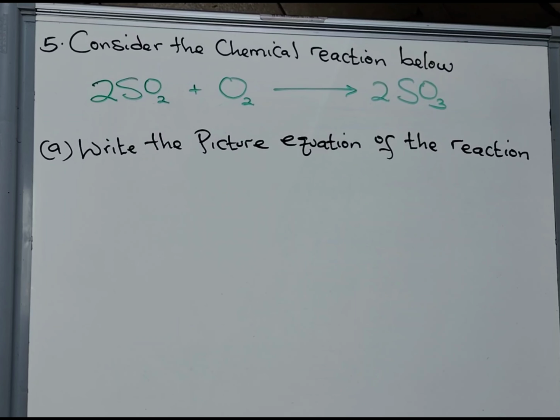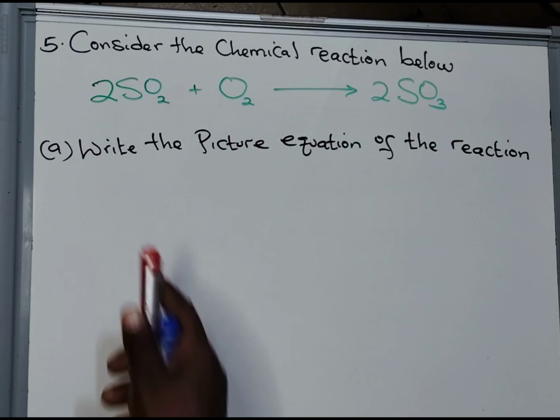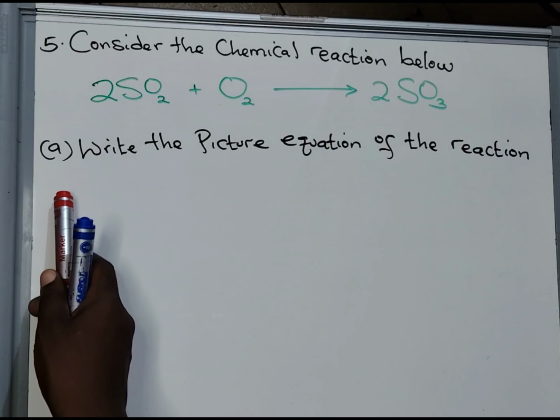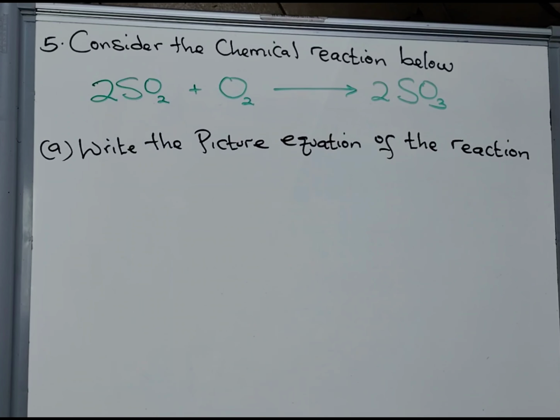Then comes this question. It says that consider the chemical reaction below. This is the chemical reaction we are talking about. And the question says that write the picture equation of the reaction.